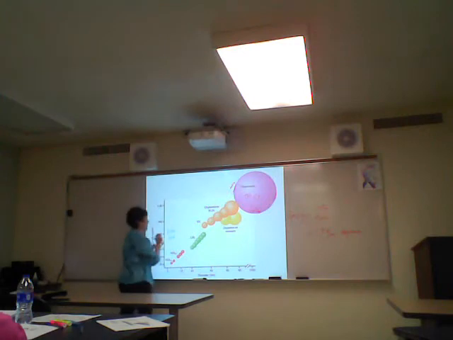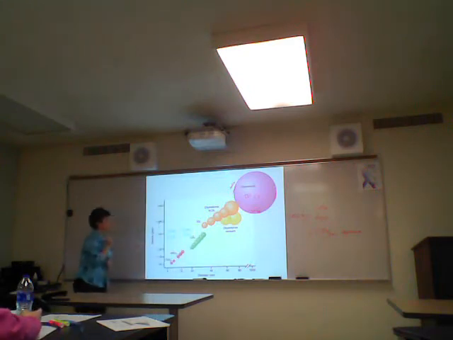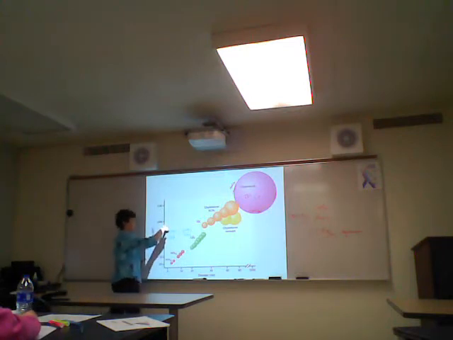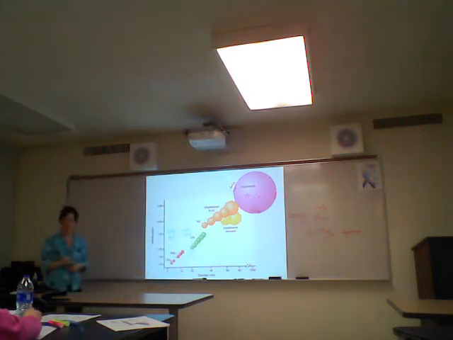Right, so the HDL has a lot more protein than the LDL does. So chronologically, it's this first in the circulation and then that. So how do you go from HDL to LDL?